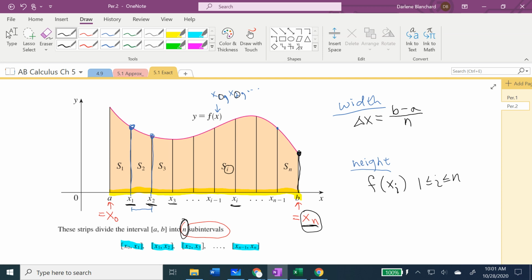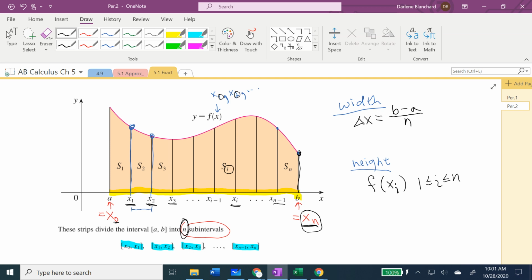That is, provided I use the right endpoints. And here's the thing. If I used the left endpoints, then I would have to go from 0 to n minus 1. And if you think about it, do you know how much algebra damage that little n minus 1 does to formulas?